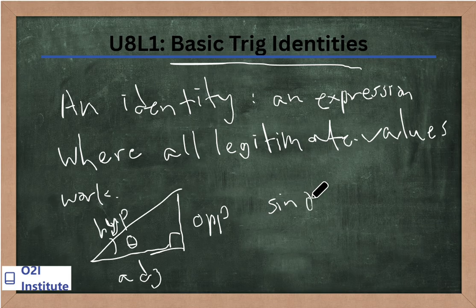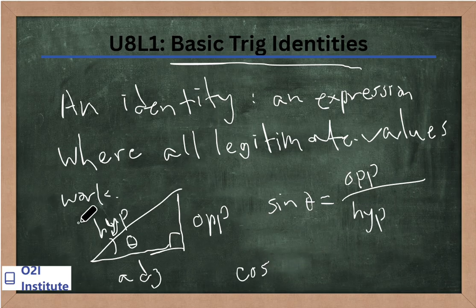Sine of theta is equal to opposite over hypotenuse. Now let's take the cosine of theta. Cosine of theta is equal to adjacent over hypotenuse, and tangent of theta is equal to opposite over adjacent.